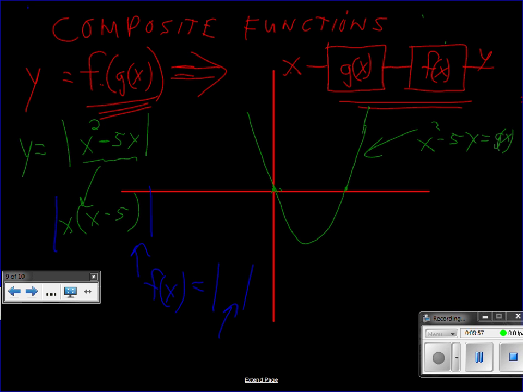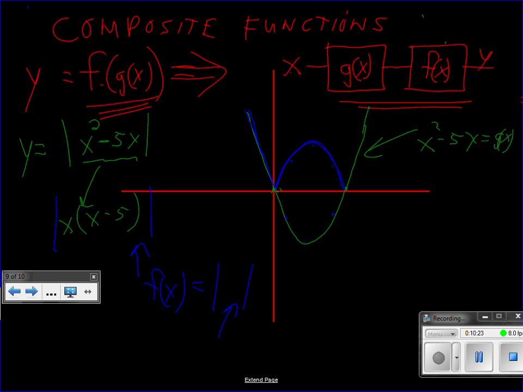So I'm looking at this graph now and I'm drawing it. Well, this is positive, so the absolute value does nothing to that. But now down here, this goes negative. So this negative value goes positive. This negative value goes positive. This negative value goes positive. And I think you might see that this now looks like this. Okay.